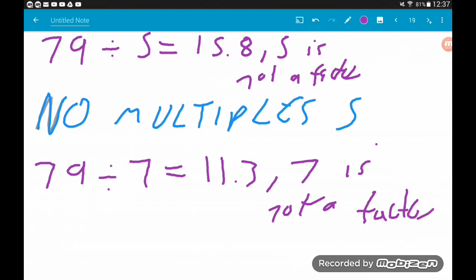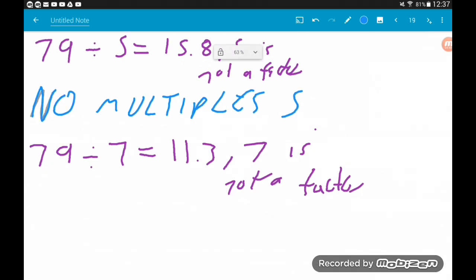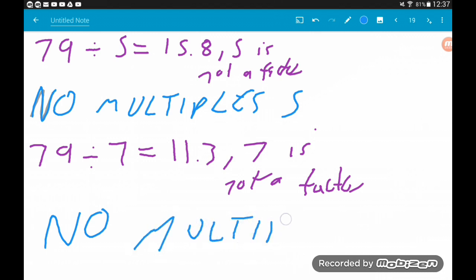So, what are the implications of that then? Well, if 7 isn't a factor, that tells us no multiples of 7 can be a factor.